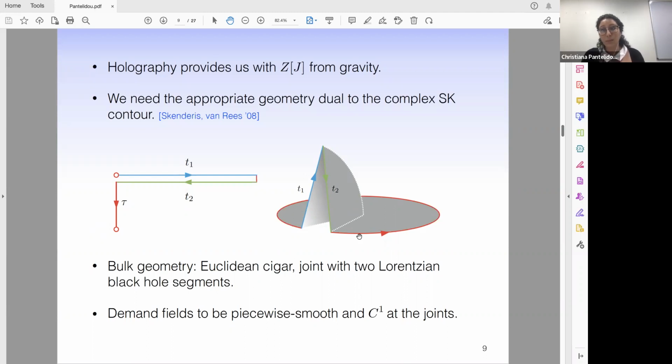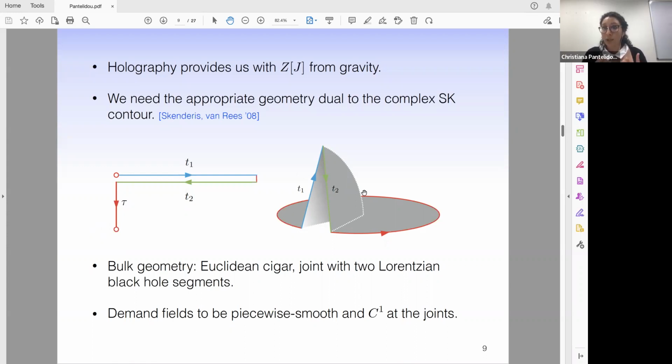Now, of course, that's not enough. They also proposed that these 3 segments actually have to be piecewise smooth. So when you join them, you need to impose that the geometry has to be piecewise smooth and C1 at the joints. Okay.